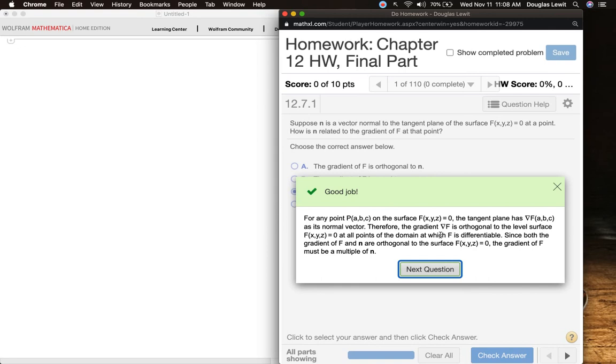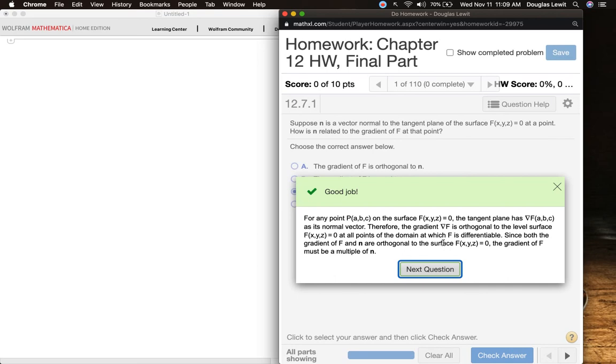Therefore, the gradient of f is orthogonal to the level surface f of x, y, z equal to 0 at all points of the domain at which f is differentiable. Since both the gradient of f and n are orthogonal to the surface, the gradient of f must be a multiple of n.